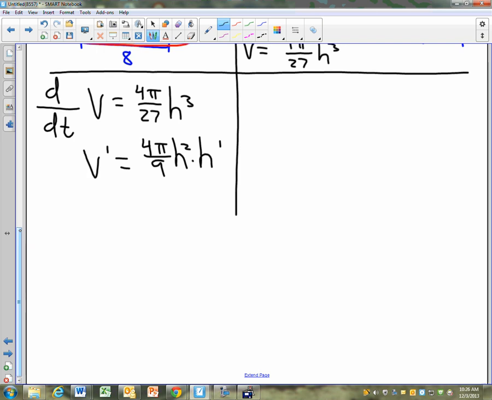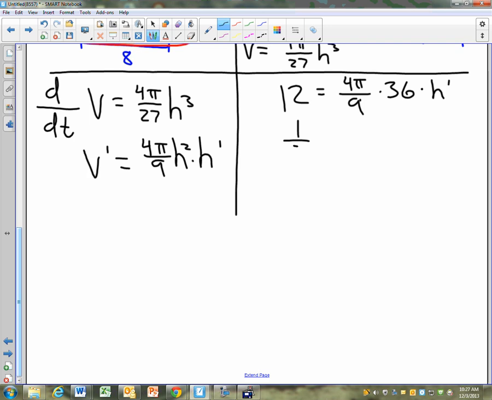Now that I have the derivative, do I have enough pieces to solve for h prime? I sure do. What is v prime? 12 equals 4 pi over 9. What's the current height? 6. Square it. Divide both sides by 36.